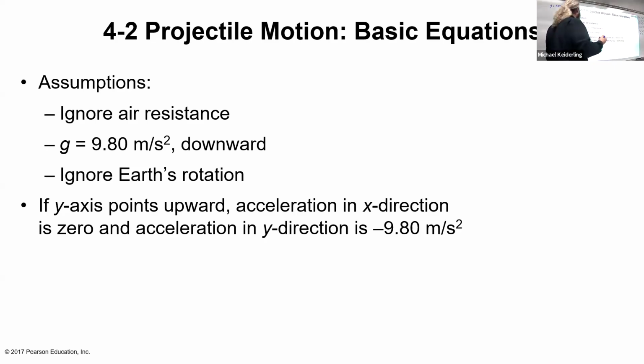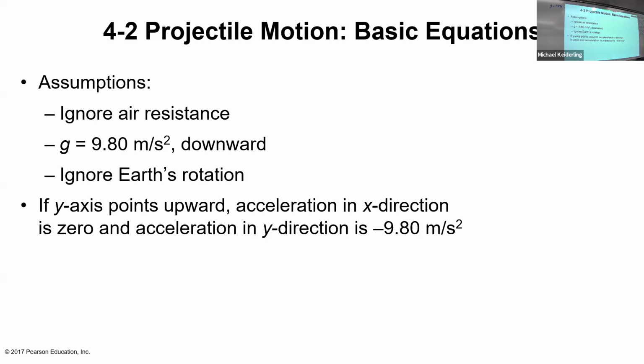We ignore Earth's rotation. So if the y-axis points up, acceleration in the x direction is 0, and acceleration in the y direction is negative 9.80 meters per second squared. That's the general gist here.